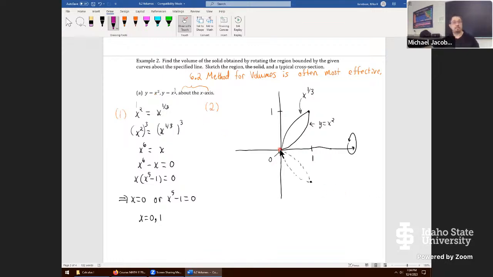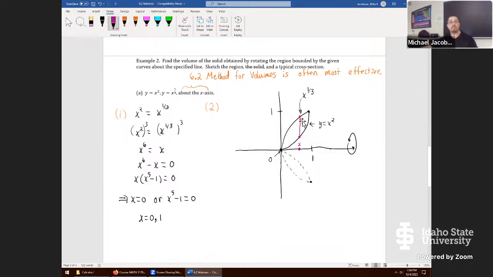So now the limits of integration are going from 0 to 1. That's where this area right here is bounded. Pick a typical spot, just somewhere easy to draw, and call that x. Now, once x is here, a line segment goes up to this location, all the way up to the top curve here. That whole line segment is going to rotate.